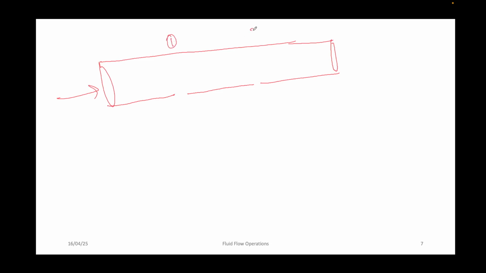So let's say this is one and this is two, because only when there is pressure drop across the pipe, fluid will be flowing, right. So you want to measure this particular pressure drop in the pipeline. So you want to measure across 1 and 2 points. So what do you do? So you will be connecting manometer at one end, and you will connect the second end of the manometer to the second point.